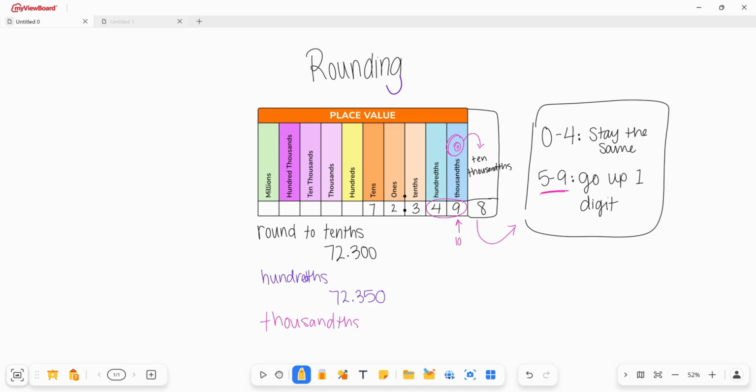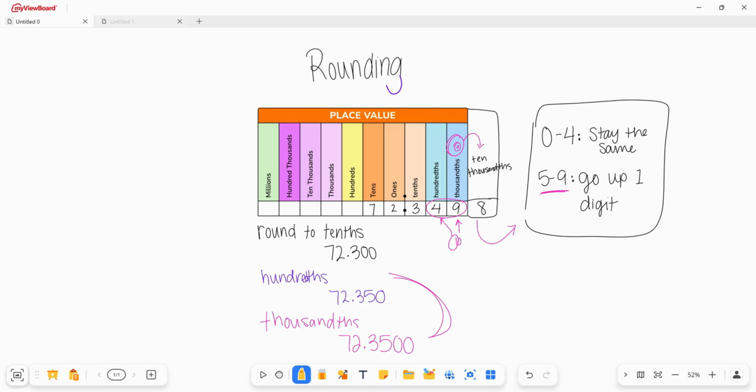But I can't put 10 in there, so that 1 gets added to my 4. So I would have 72.350, because that 8 told my 9 to go up, but the 9 also then, in a chain reaction, told my 4 that it also had to get a little bit bigger to help with the rounding.